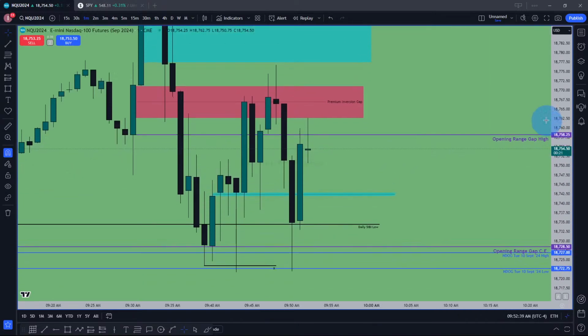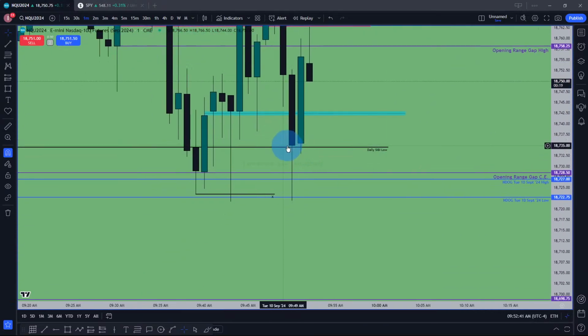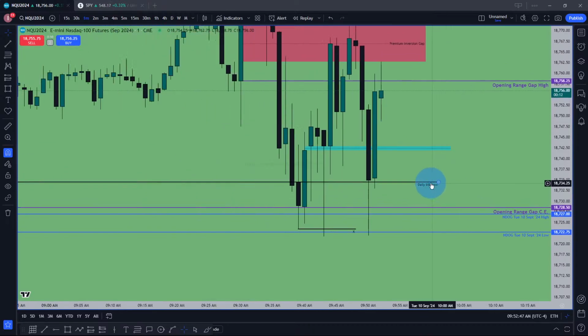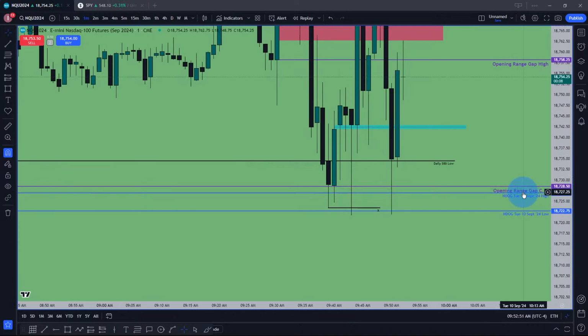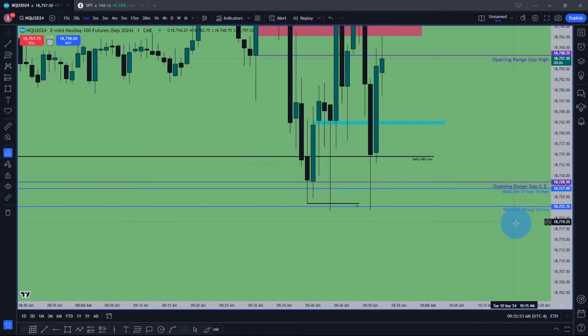But you can see that price is still finding resistance off of this below here. It doesn't want to breach below that, and the only time that it did was to meet the opening range gap, and this entire range of nested imbalances and liquidity voids.